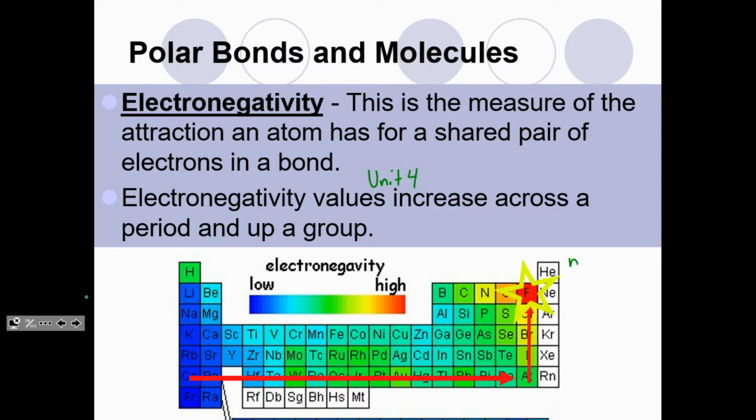Remember that noble gases do not participate here. And then we can actually use real values in order to calculate, and that's what the next video is going to be about.